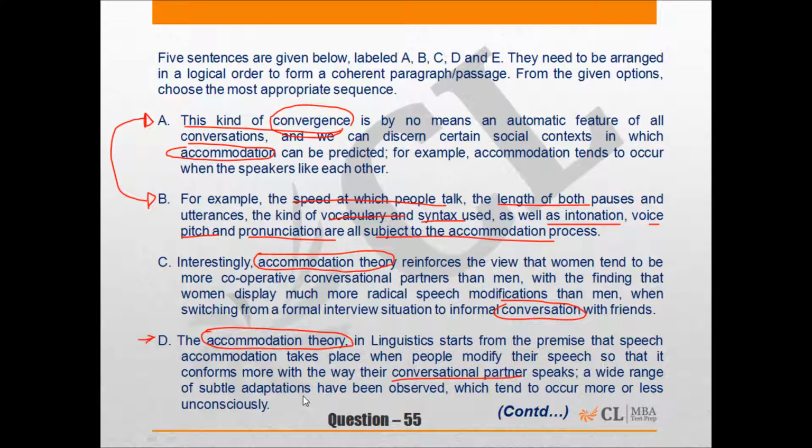If you were to read it, see, it says the accommodation theory in linguistics, so it gives you the area of subject and says, starts from the premise that speech accommodation takes place when people modify their speech, right? So there was talk about modification of your speech.